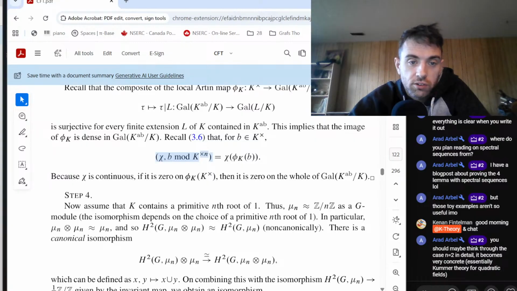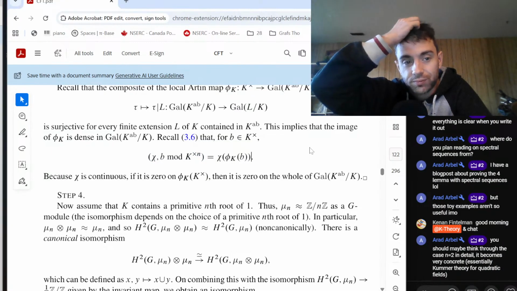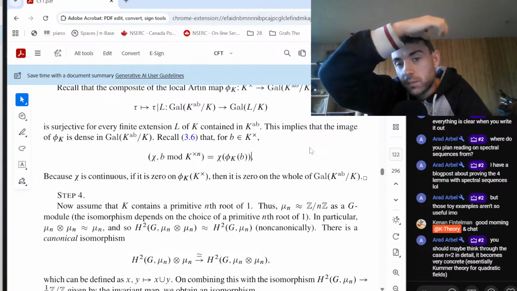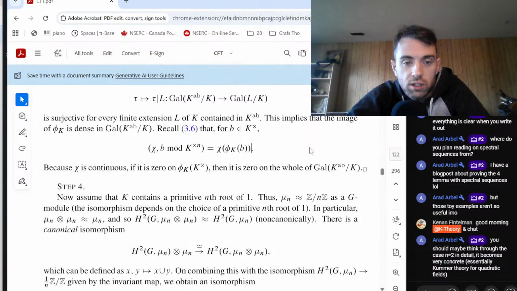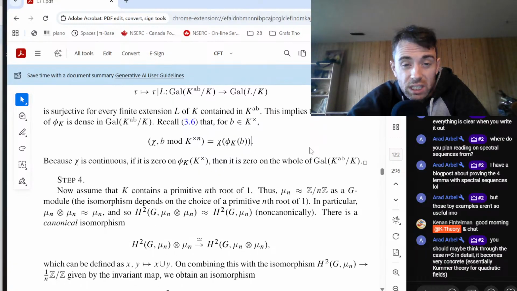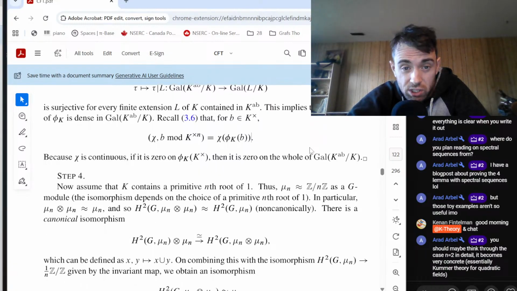Because this pairing is like, yeah, the inversion map. So we have this, and because chi is continuous, if it is 0 on here, then it's 0 on the whole of here, right, by this density argument.